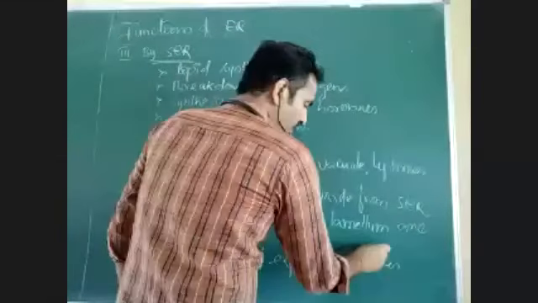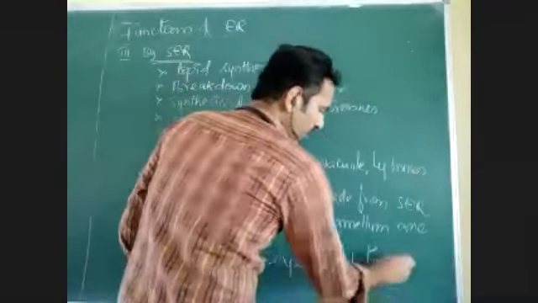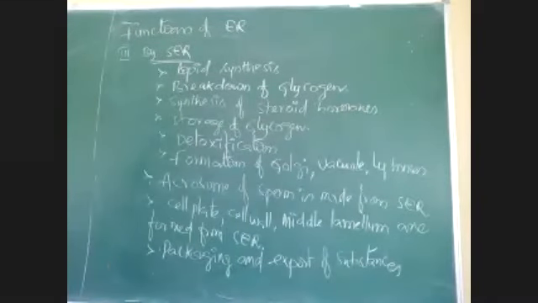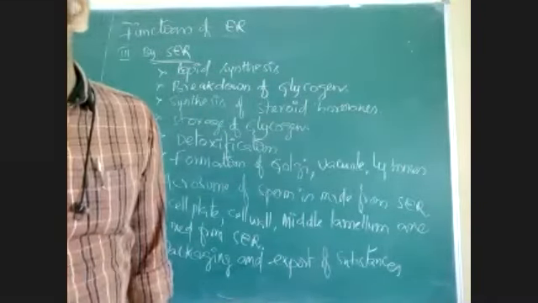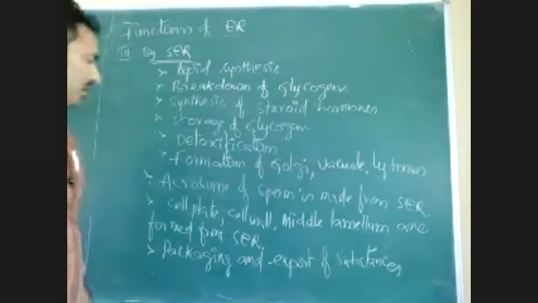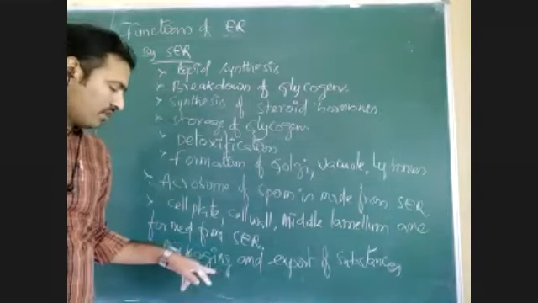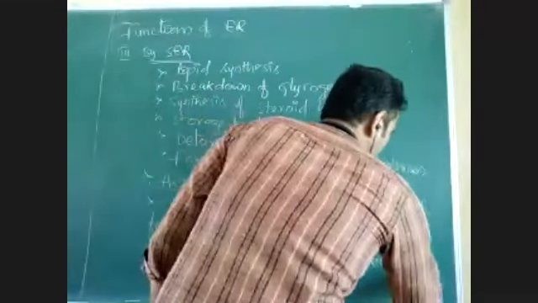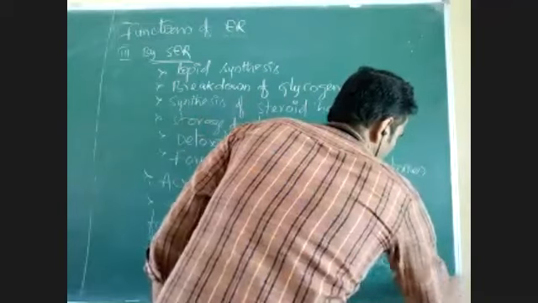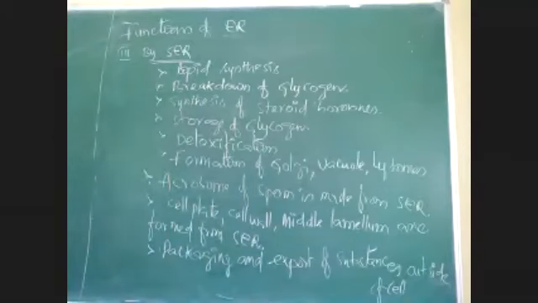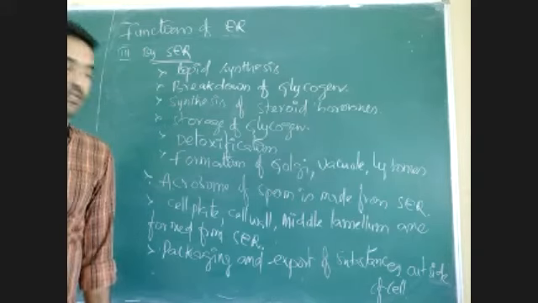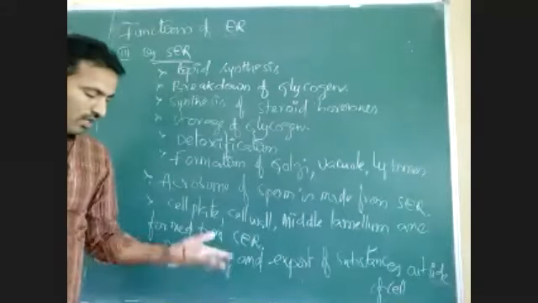Those substances are packed into some other form and exported from inside the cell to the outside. These are called exports: packaging of substances and export of substances outside of the cell. These are major functions of smooth endoplasmic reticulum.